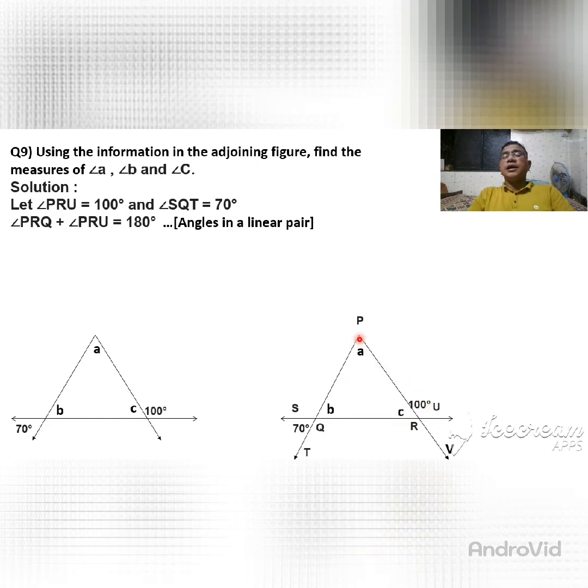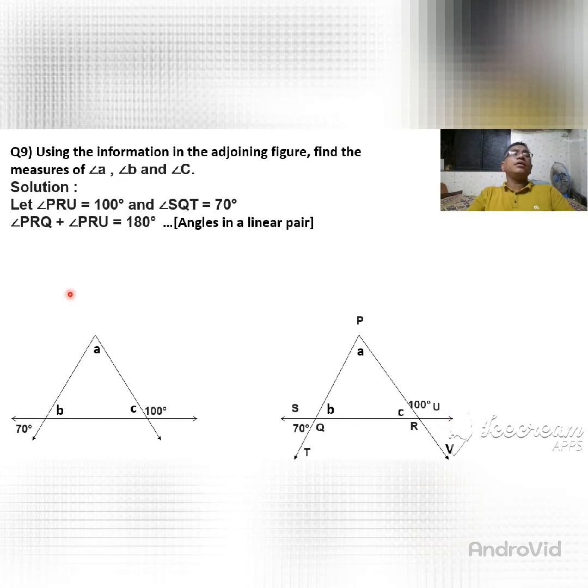So I write angle PRQ. This is the PRQ angle. Then angle PRU. This is the PRU angle. So the sum of them is 180 degrees. Why 180 degrees? Because they are linear pairs.